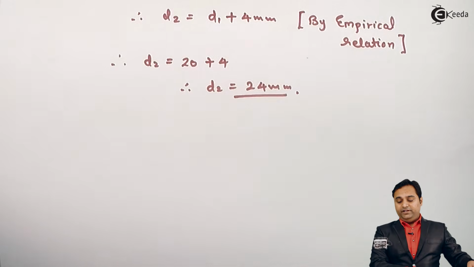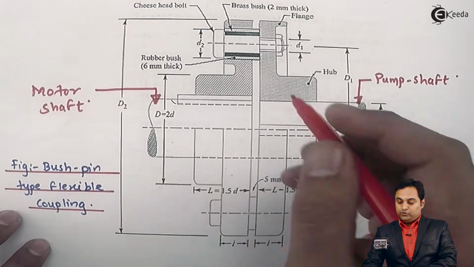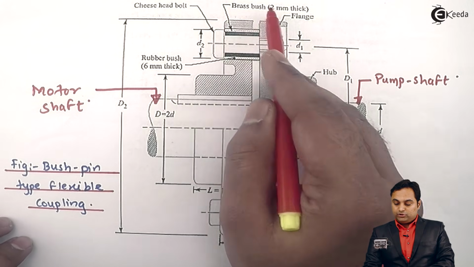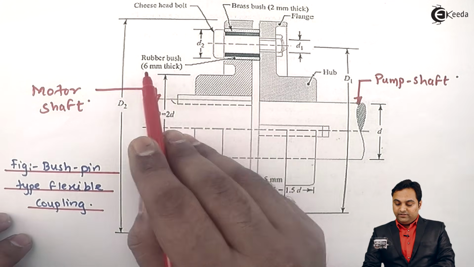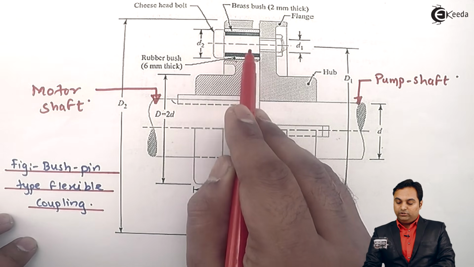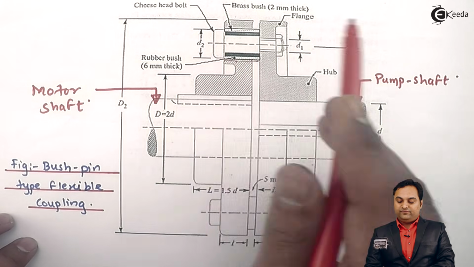Now after getting D2, as we can see in the diagram of bush pin type coupling, after D2 there is a brass bush of 2 mm thickness, and then there is a rubber bush of 6 mm thickness. So now I can calculate the overall diameter of the bush or hole in this left flange.